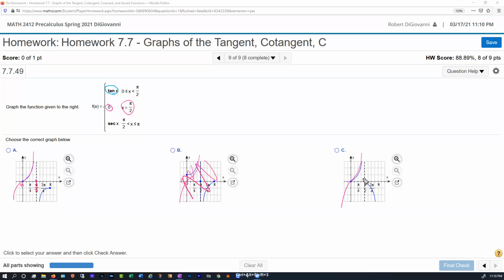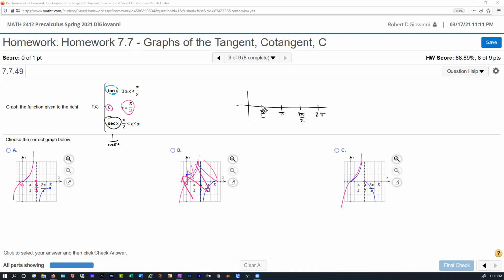The last thing is the fact that between pi over 2 and pi, it's got to look like secant. Secant is 1 over cosine, right? So what we normally do to graph secant is we graph a cosine function real quick. Okay.